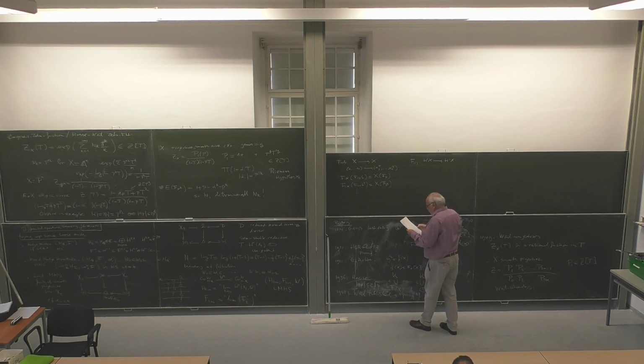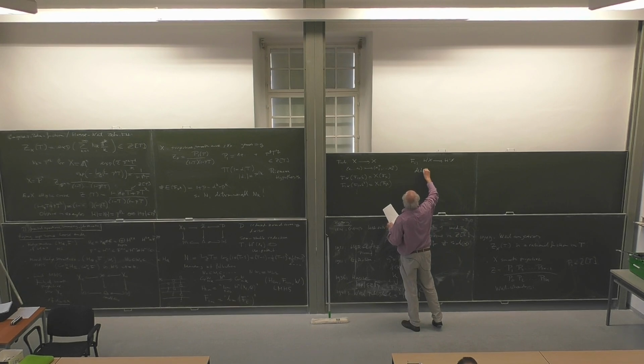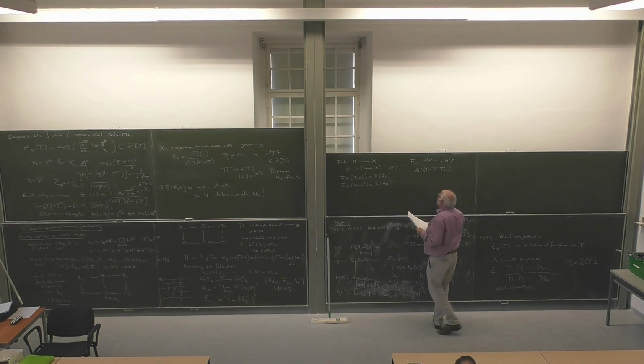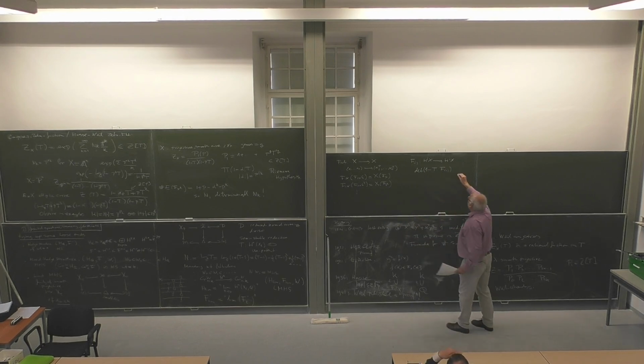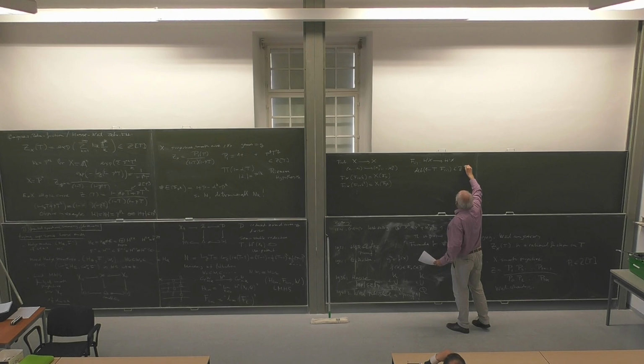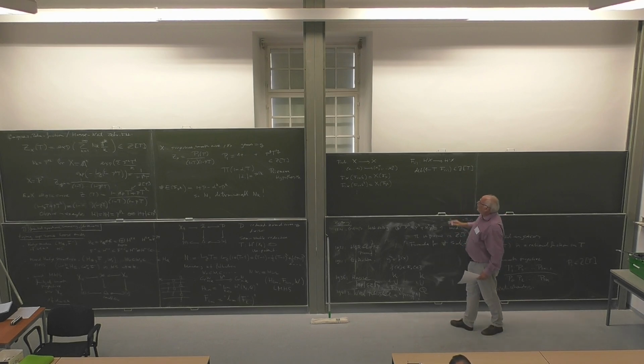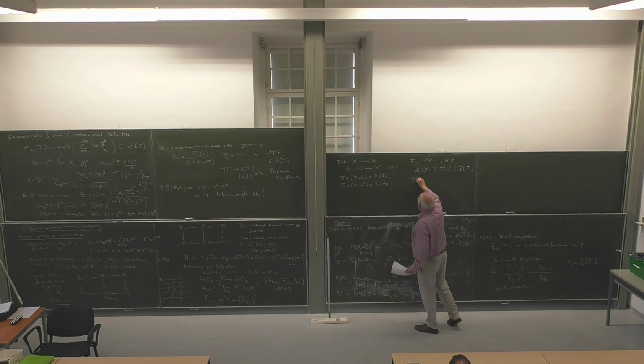And then you would take the characteristic polynomial, which would of course be a polynomial with integer coefficients. And he asks whether one can have an equality.